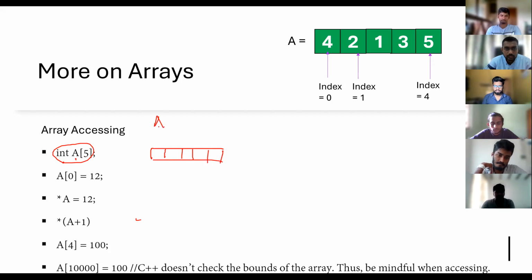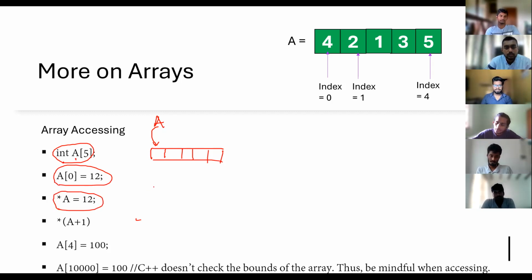You can consider it as a pointer that is pointing to the first element of this array. So you can access the arrays just using the index. That's one way of accessing the array. The other way is using pointers, where if you just write star A, that means you are accessing the first element of that array.